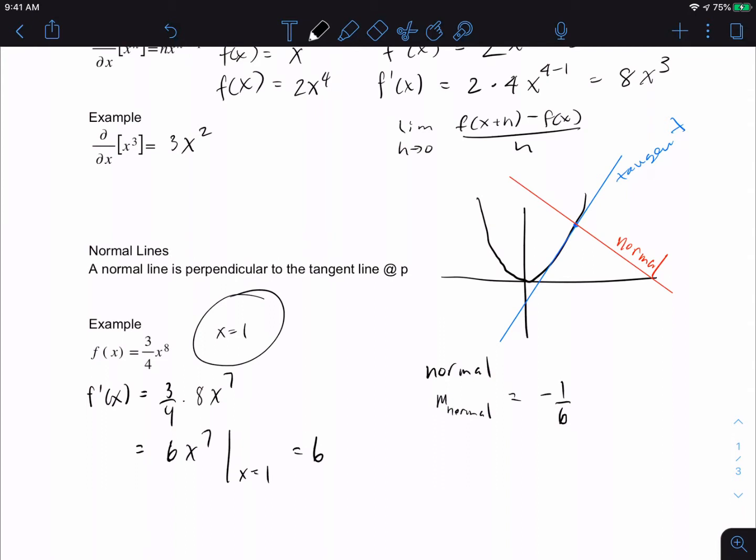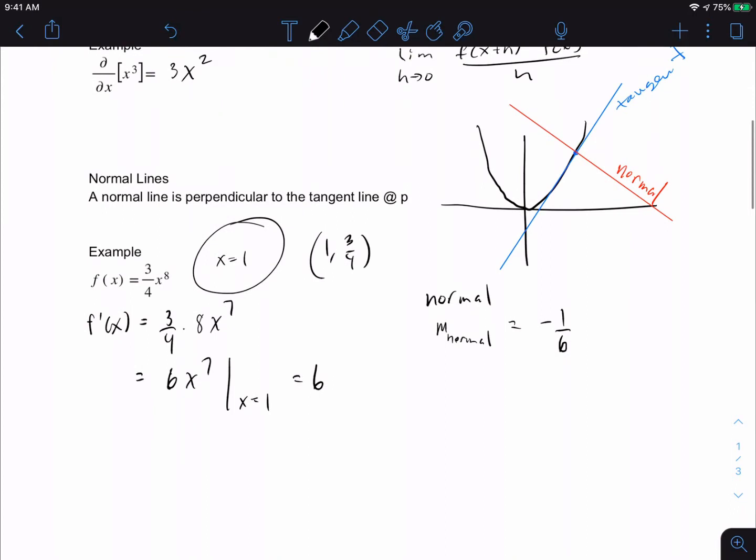Because what do we know about perpendicular slopes? It's the opposite reciprocal. So now that we know the normal slope, we need to find the point, and we know it's going to be 1, 3/4, correct?